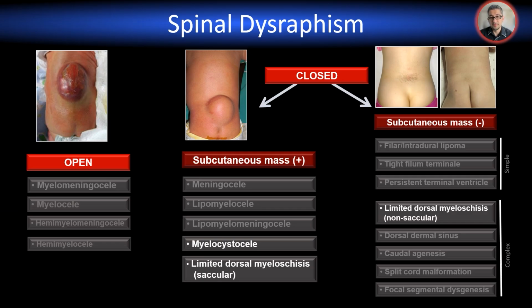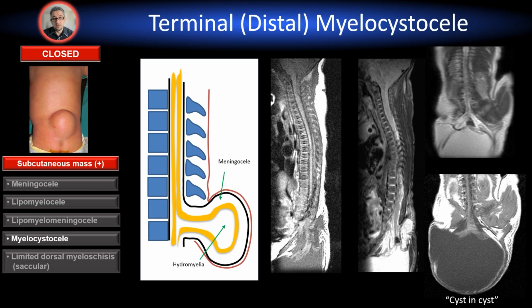After the myelomeningocele, I will skip to another important topic, myelocystocele, and I'm going to discuss it along with limited dorsal myeloschisis, the saccular form and non-saccular form. Terminal myelocystocele, or the distal or the sacrococcygeal myelocystocele, is a severe spinal dysraphism. It is characterized by covering skin, herniation of the neural elements, along with a meningocele and hydromyelia.